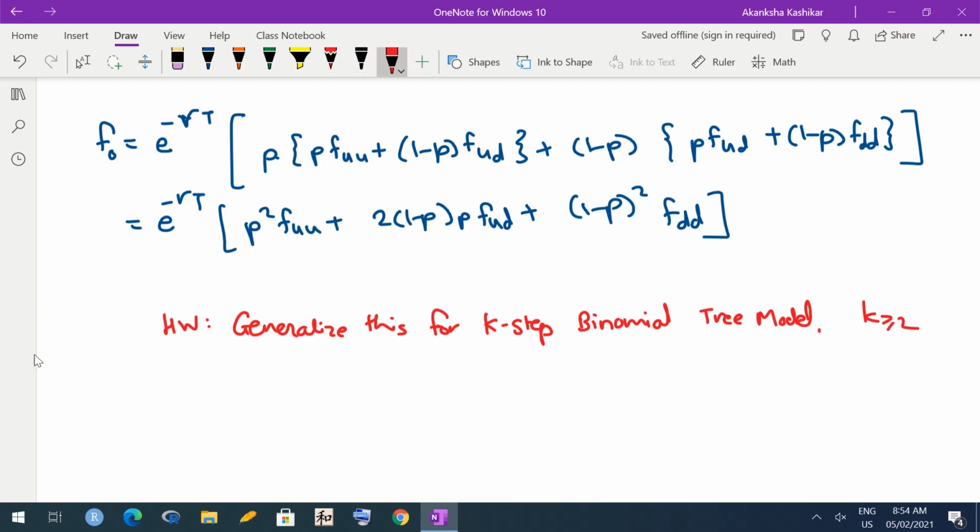Of course, you can continue with the same assumption that the risk-free rate of interest remains constant and that u and d also remain constant. Okay. And that the time period is also even, means 0 to T you are dividing into T by k, etc. Okay, you are not having time intervals with differing lengths. Okay, those assumptions will do.